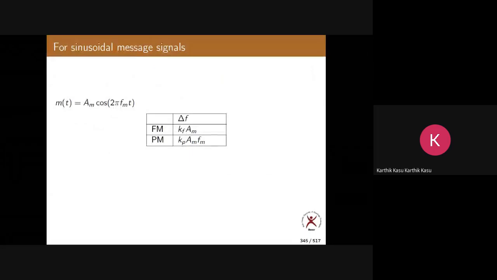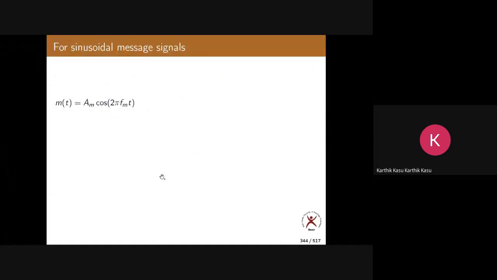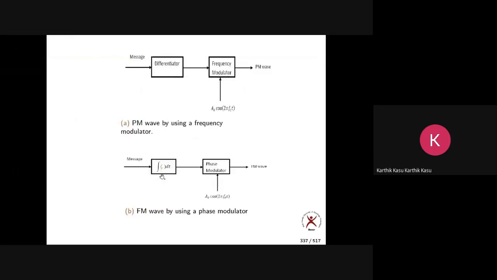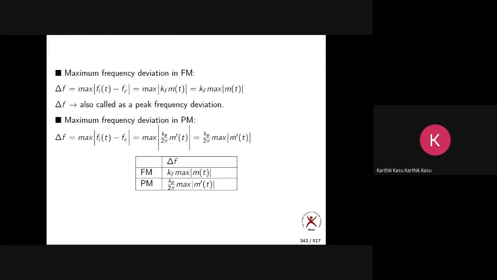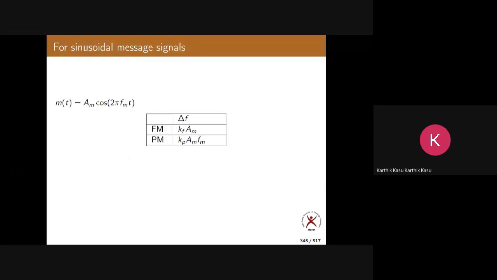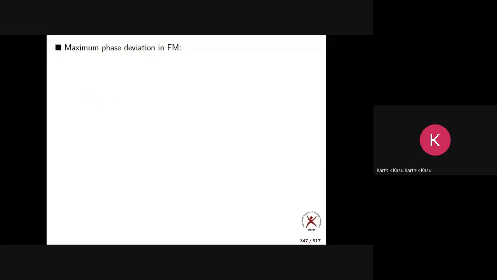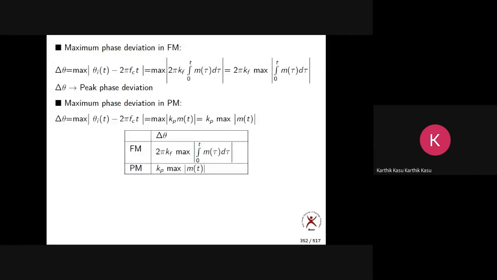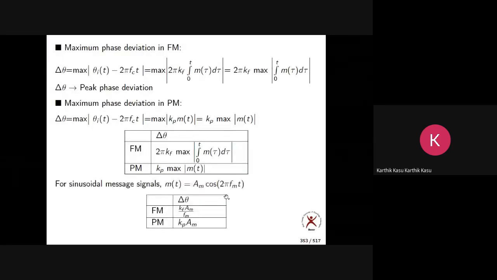In case of phase modulation, what is Kp am? It is the peak phase deviation, or the maximum phase deviation. Okay.